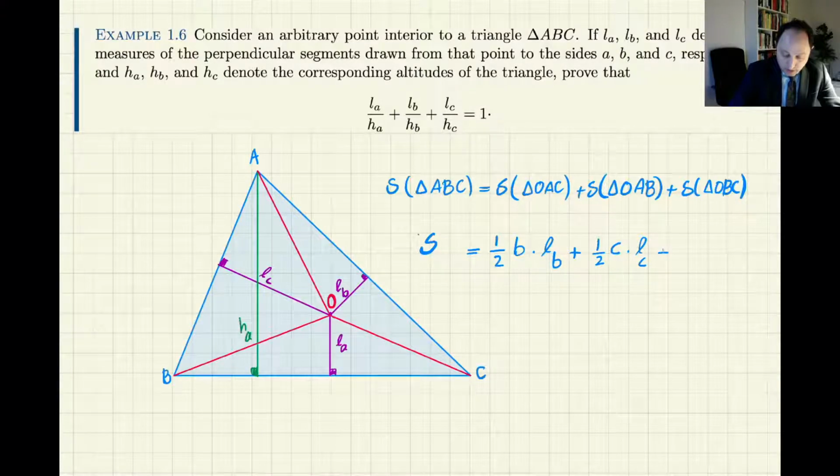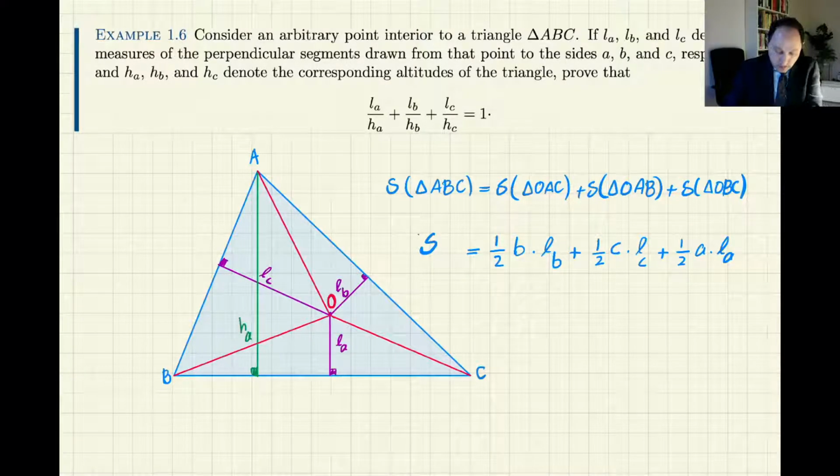And finally, the last one. This is the triangle that I am concentrating on now. This can play the role of the height of my triangle. This can play the role of the base. So this becomes 1 over 2 A times LA. Okay?